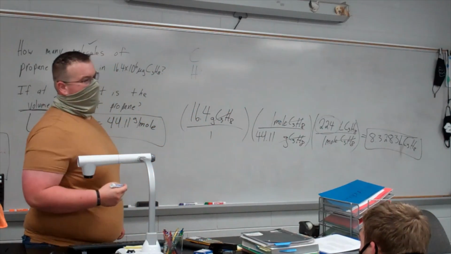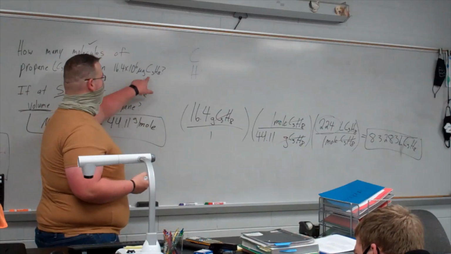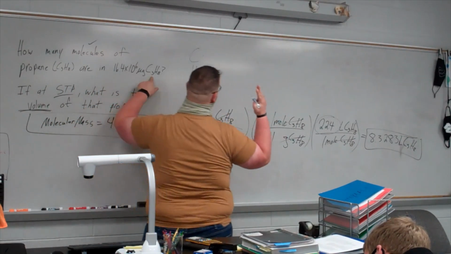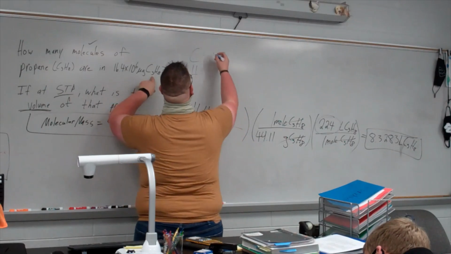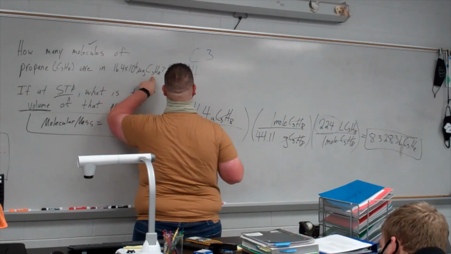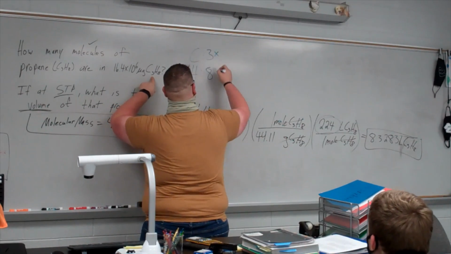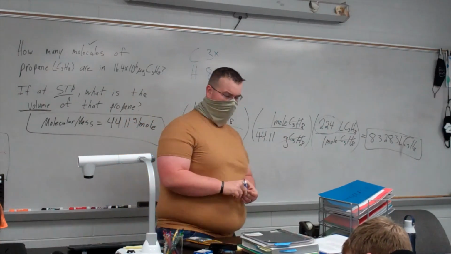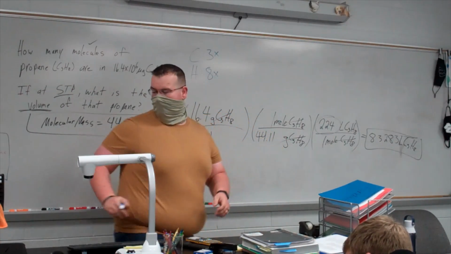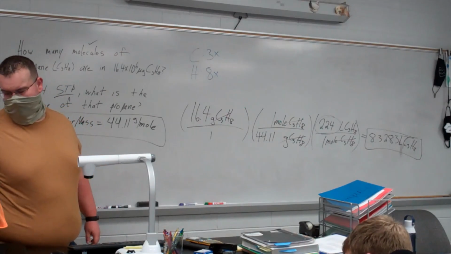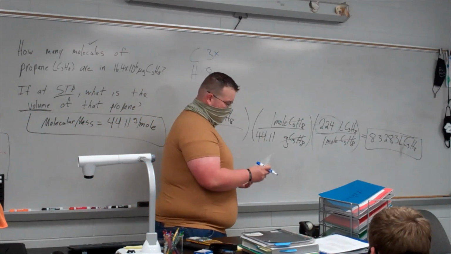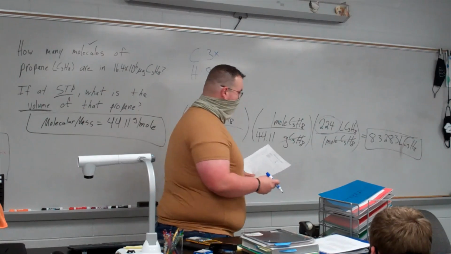Next to it I write however many is in there. So this is C3H8, so how many carbon? 3. How many hydrogen? 8. I multiply with it the average atomic mass, the atomic mass number off of the periodic table, which is the bottom number.